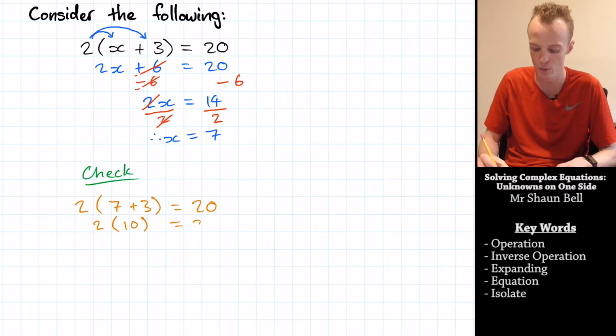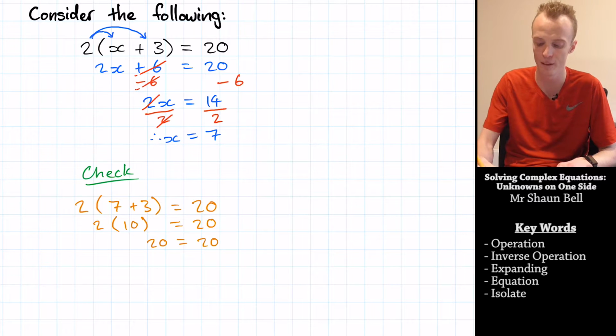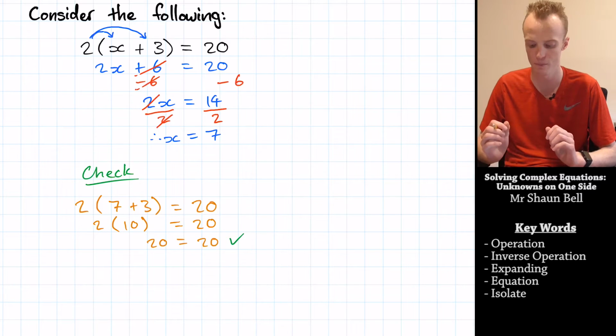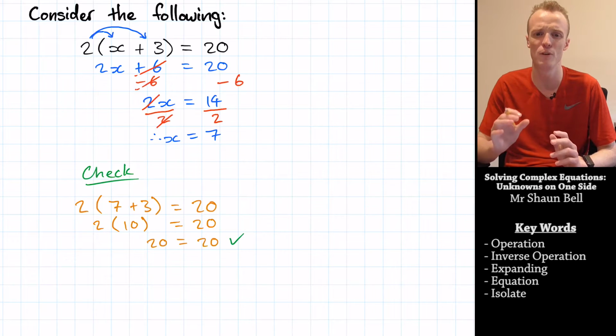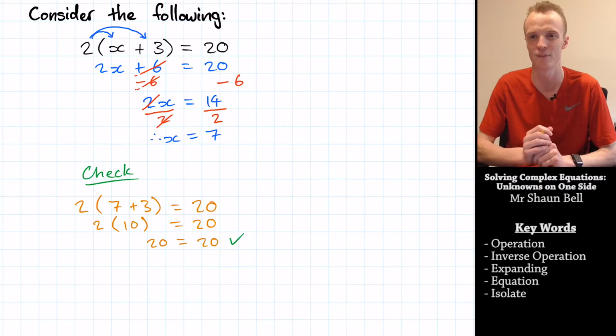And that is equal to 20 still. Now 2 times 10 is equal to 20, which then balances our equation, and we've proven that our x value must equal 7. So to solve a problem with brackets, we've first got to remove the brackets by expanding them. Then we follow our normal process of isolating the x value.